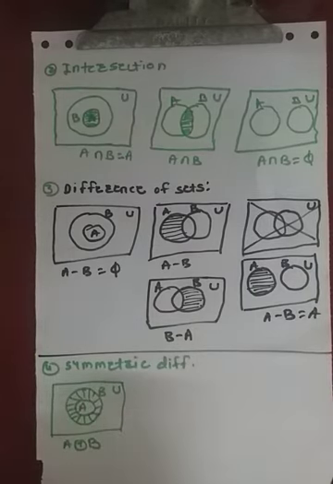In symmetric difference, we remove the common element from both sets, and whatever the remaining part is, this is the answer. So this is symmetric difference of A and B, when A is subset of B.